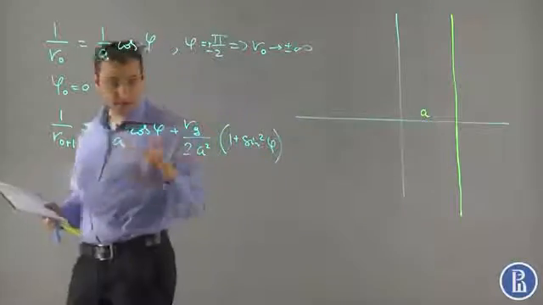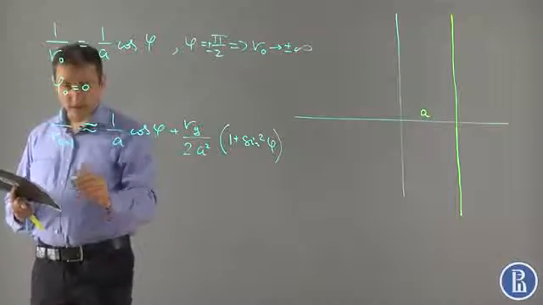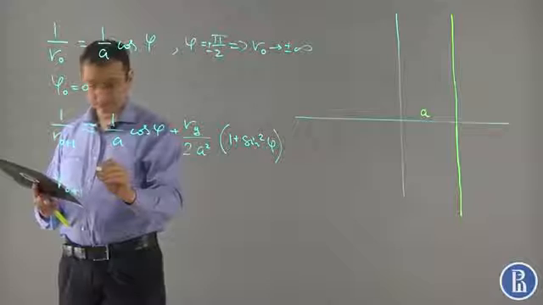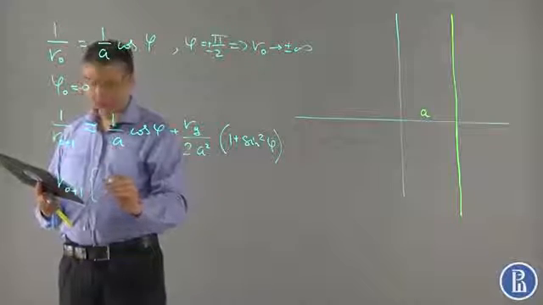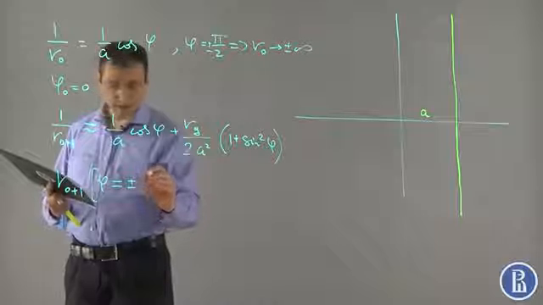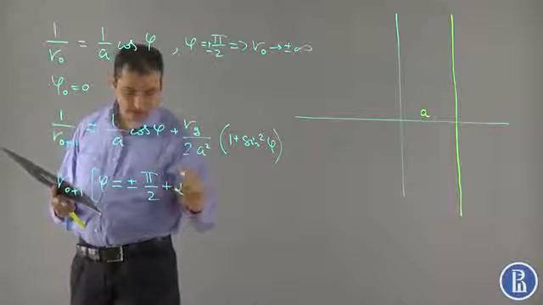Now here we have a little bit different situation. R0 plus 1 goes to infinity at phi equals plus minus pi plus some small angle alpha.